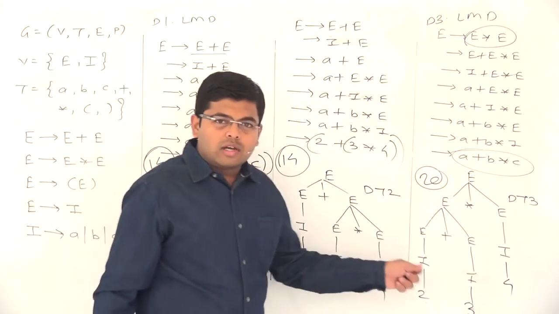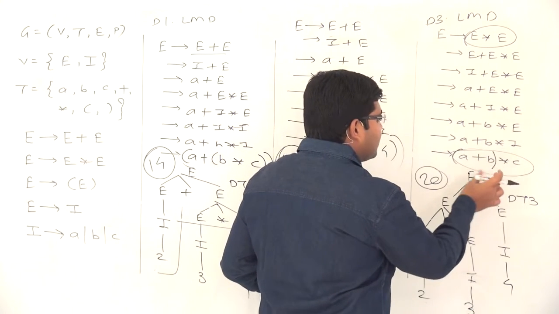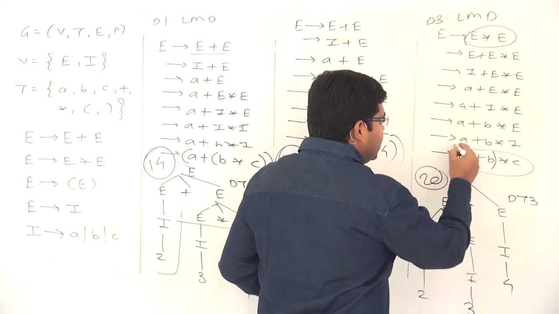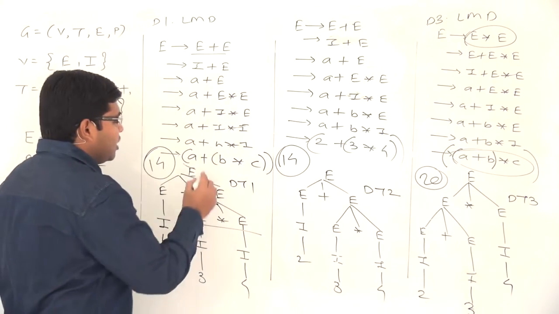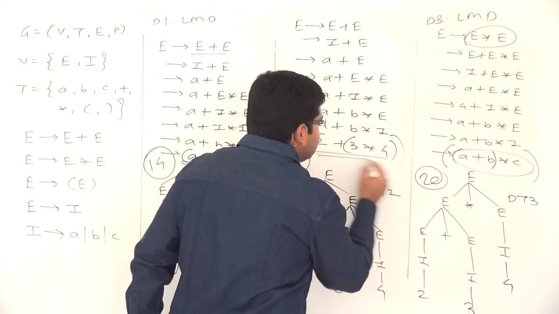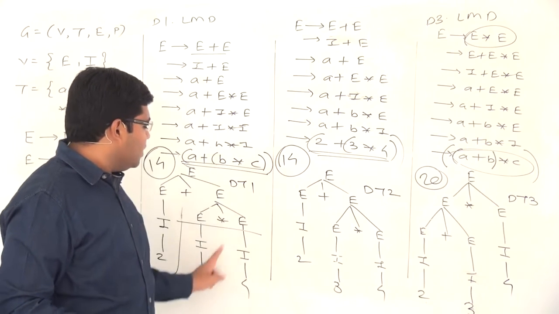However, if you observe the last derivation tree, it is first addition. So A plus B, and the sum will be multiplied with C. So it is sum followed by product, and you can see that the parenthesization in case 1 and the parenthesization in case 2 is the same, the result is also the same, the tree is also the same.